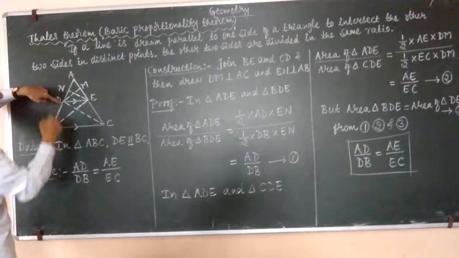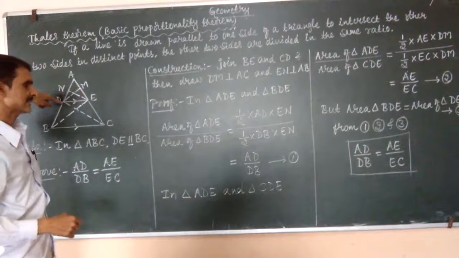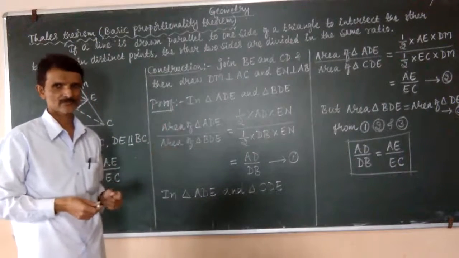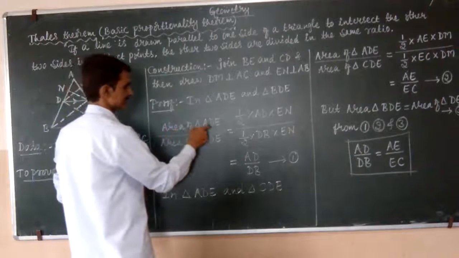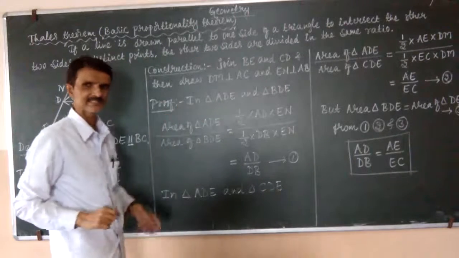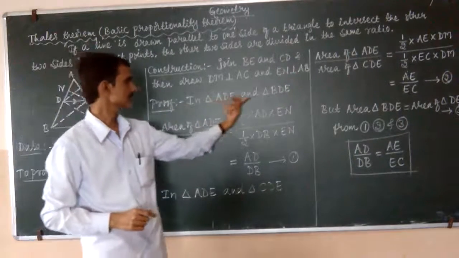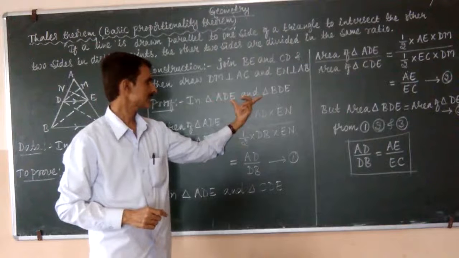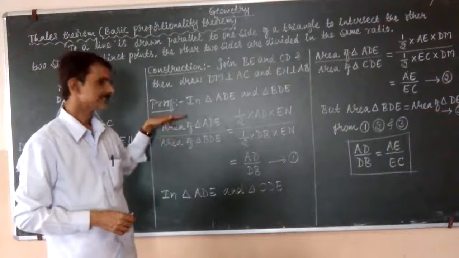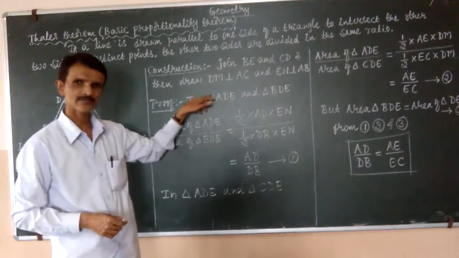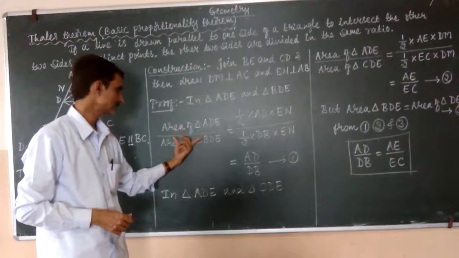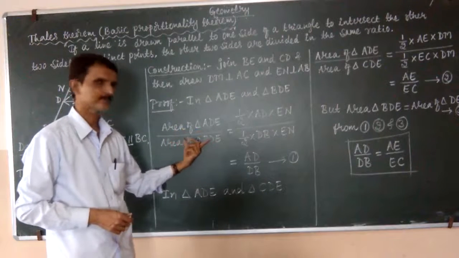Now we will write the areas of both triangles. So the area of triangle ADE to the area of triangle BDE. We are taking the ratio of the areas of those two triangles.